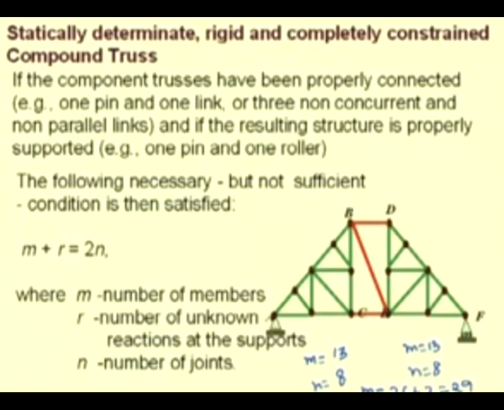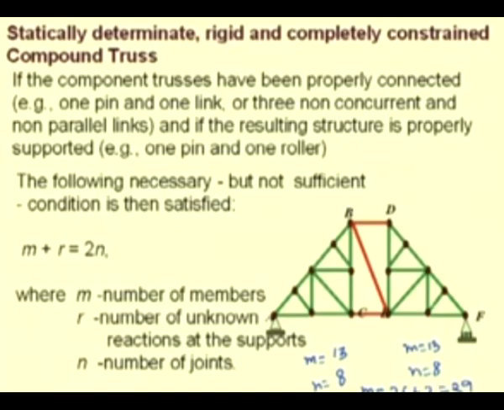Here we have a pin connection, so 2 unknowns, and here we have a roller connection, so 1 unknown, so r is 3. So, we have m plus r as 29 plus 3, which is 32, which is equal to 2 times n, where n is the number of joints, which is 16, and it is equal to 32. So, we see that this equation is satisfied for this compound truss.